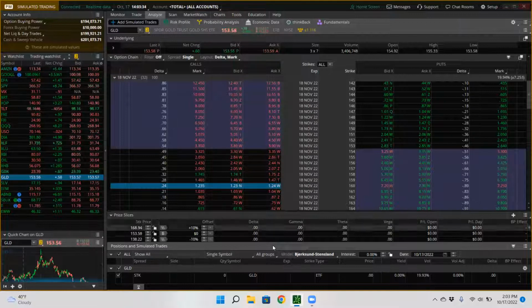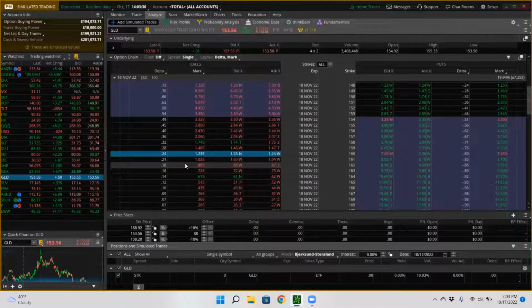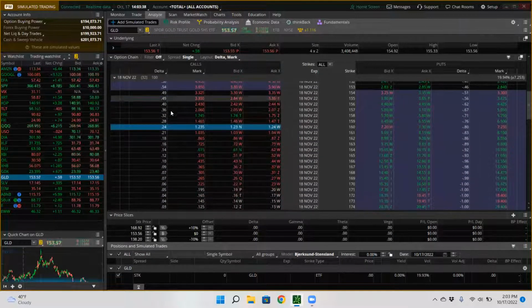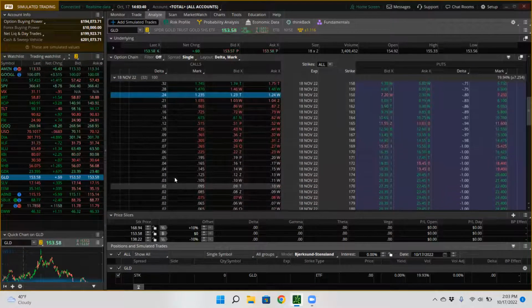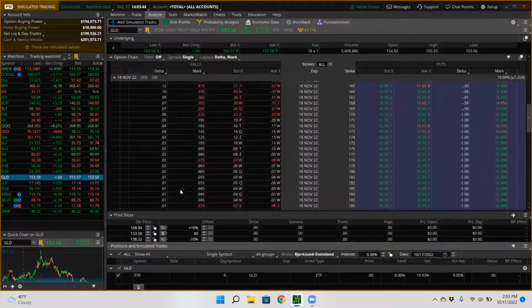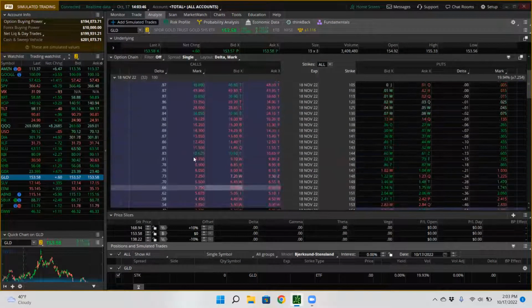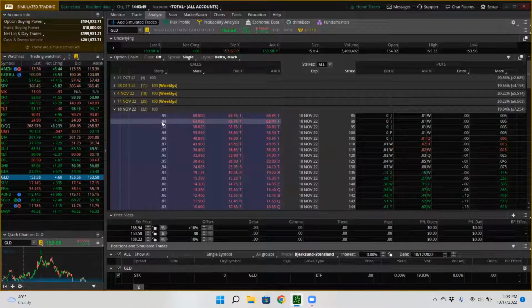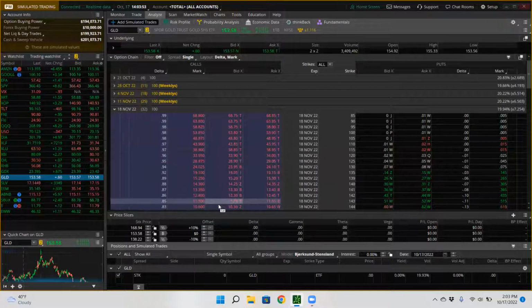Looking at the deltas, when you go out of the money on the call side, they go all the way down to 0. Continue scrolling, and as we go deeper into the money, they go all the way up to 0.99 or 1.0. So these deltas have a highest value of 1.